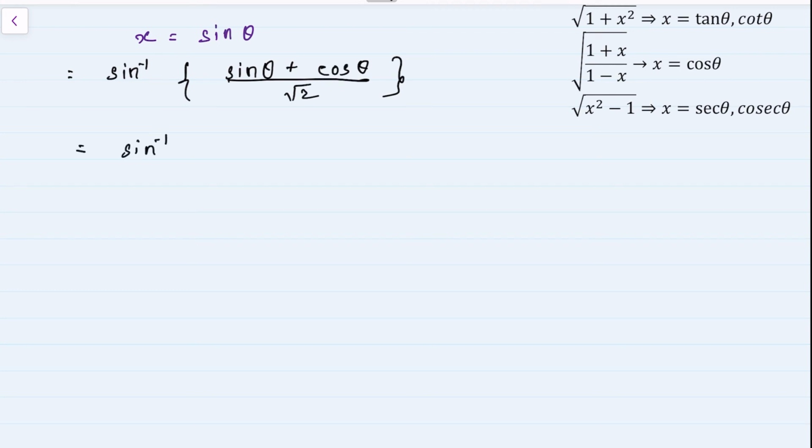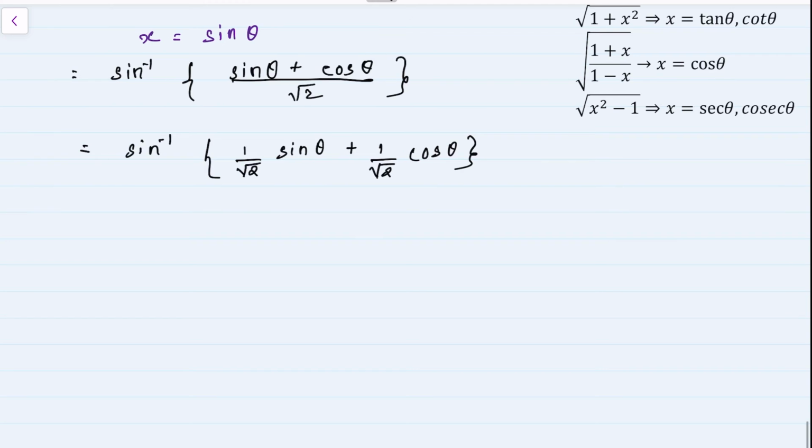So the next step can be written as, now what we can do is we are interested in bringing the function inside the bracket same as that of outside. So I will write 1 by root 2 to each and every term. So 1 by root 2 will be given to sine and 1 by root 2 will be given to cos. Why we did this? Because now we can convert this into some kind of identity addition formula.